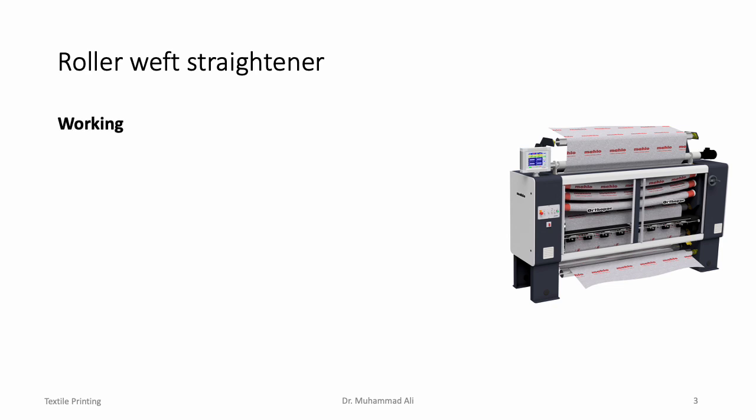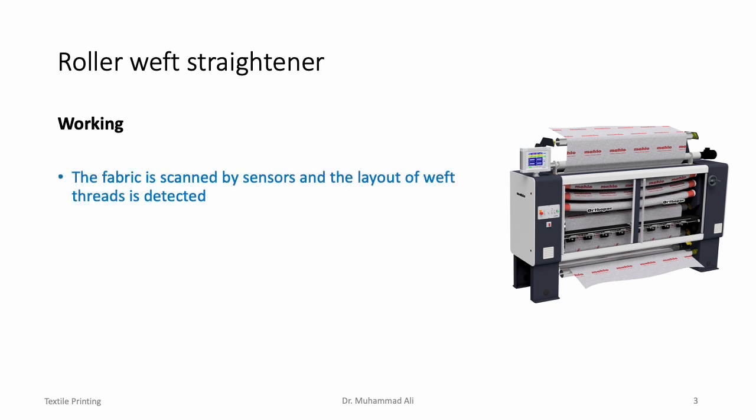As far as the working of a roller weft straightener is concerned, there are two aspects to it. The fabric from which the weft distortions have to be removed is scanned by different types of sensors. This scanning is done to detect the layout of weft threads.